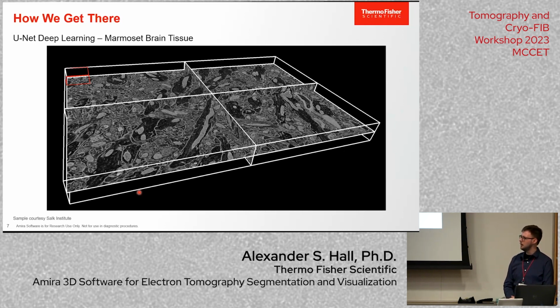In Amira right now, we're thinking about pixel segmentation, which is a kind of image-to-image transformation. So the input is grayscale data like this, and the output is also an image, which in the case of Amira is a segmentation image data set. So at the upper left, you'll notice there's a little red box.